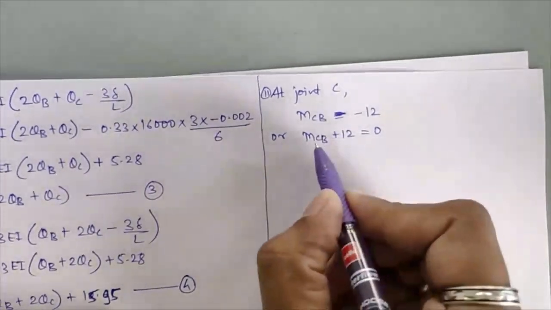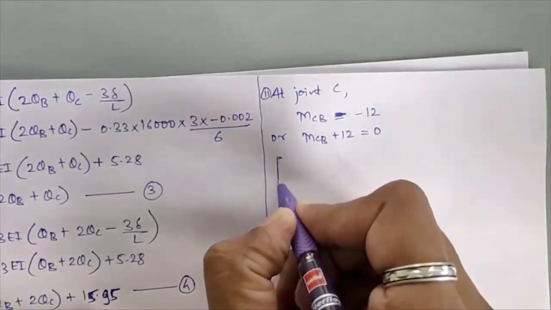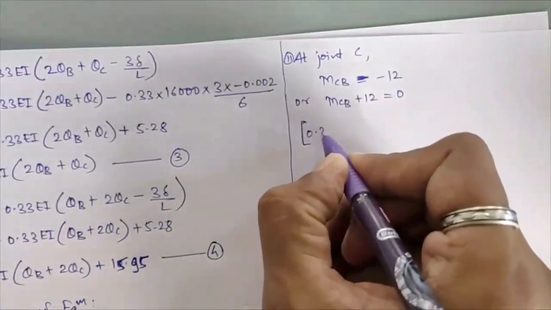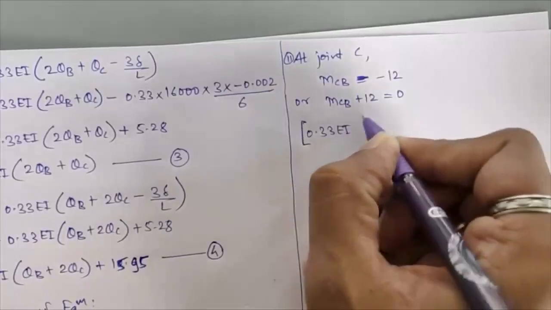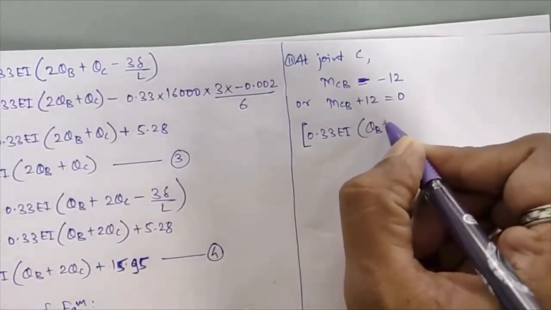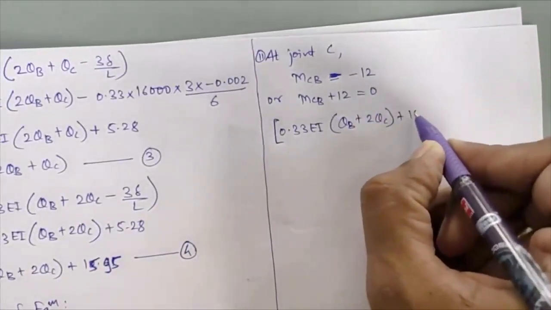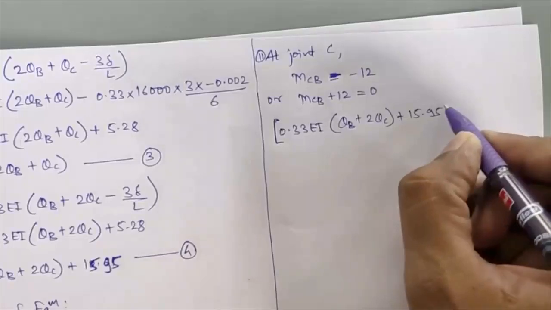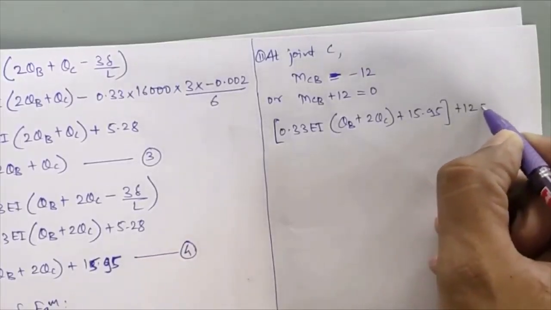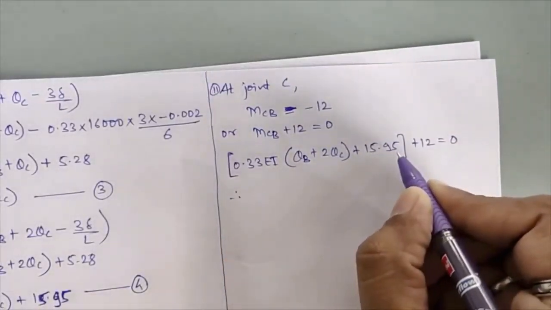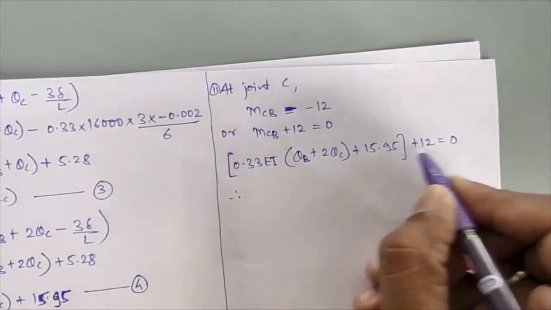So we'll substitute the value of MCB, that is your equation number 4. We have got 0.33 times EI into bracket theta B plus 2 theta C plus 15.95 plus 12 is equal to 0. Simplifying, 15.95 plus 12 becomes 27.95.